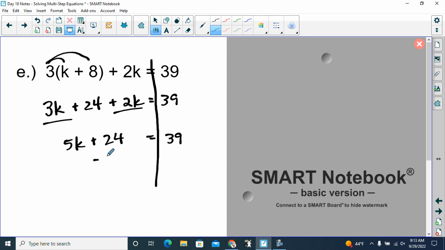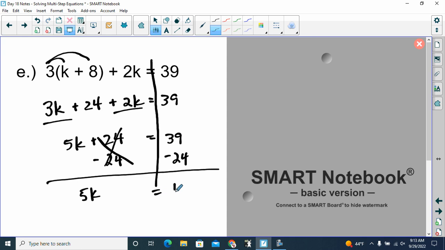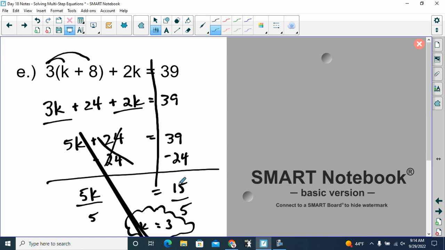I can move the 24 over by subtracting 24 from both sides. I get 5k equals 15. And divide both sides by 5. K equals 3.